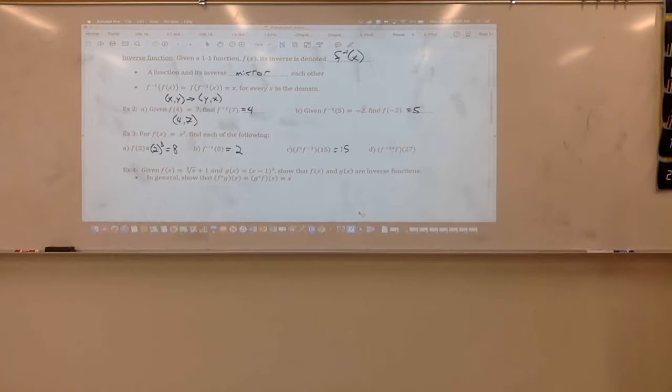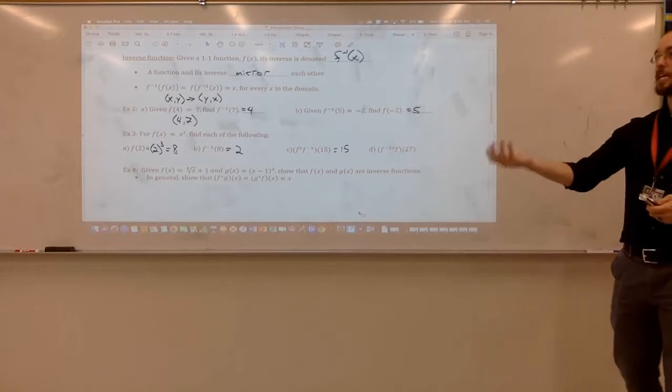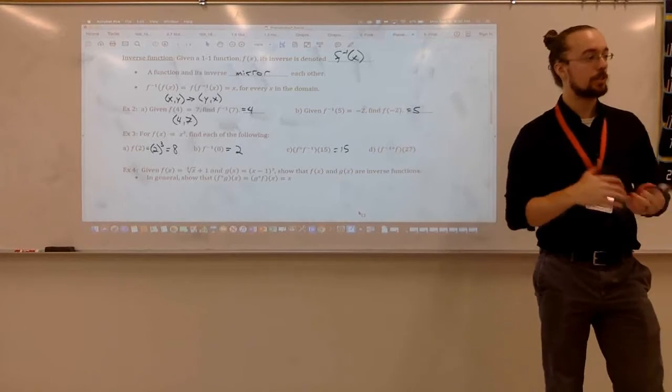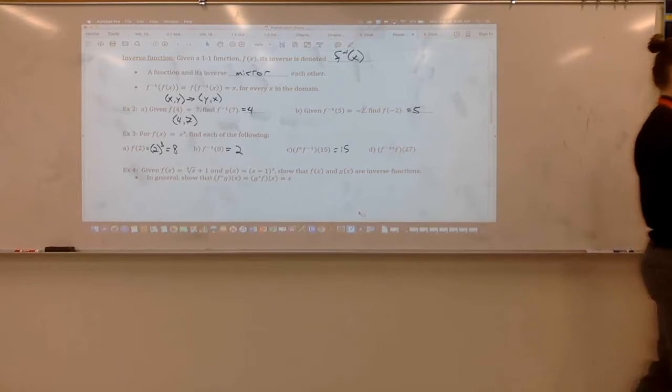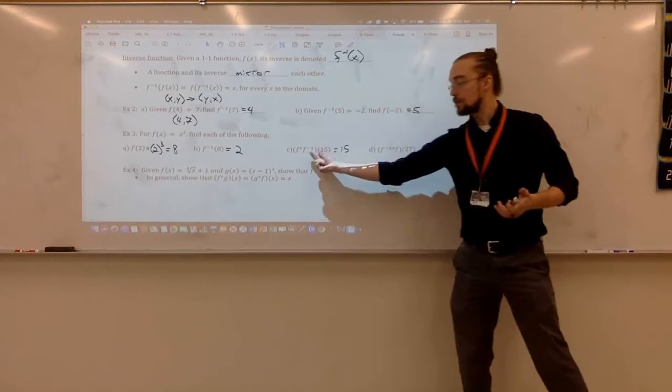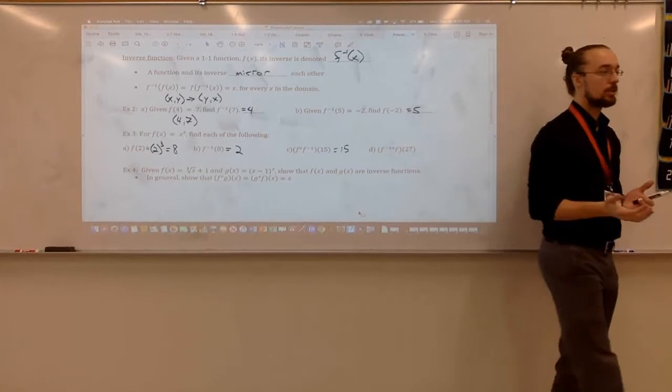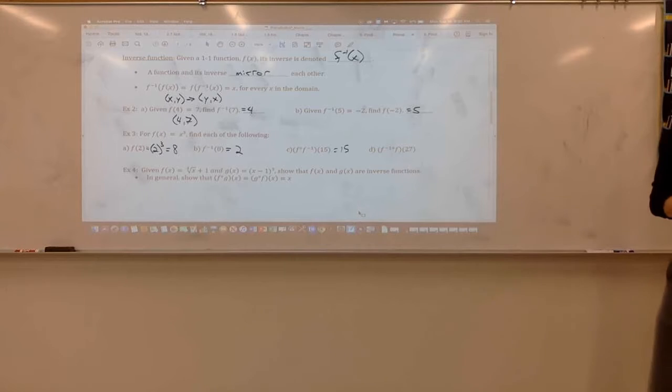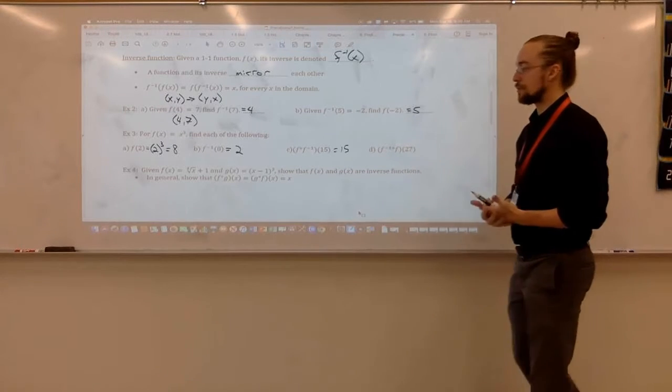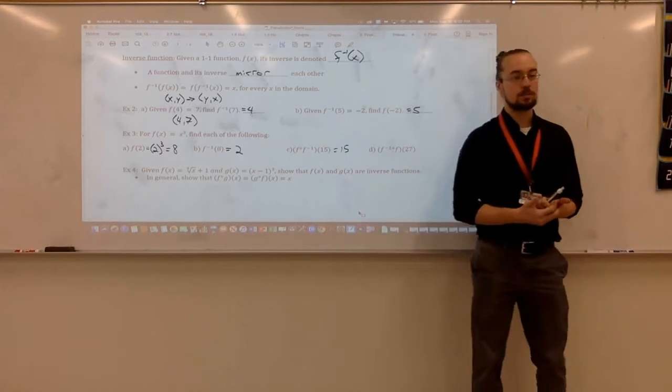A function and its inverse are exact opposite operations, just like the inverse of addition is subtraction and the inverse of multiplication is division. Inverse functions just undo each other. So if I plug 15 into the composition of them, I'm going to get out 15.